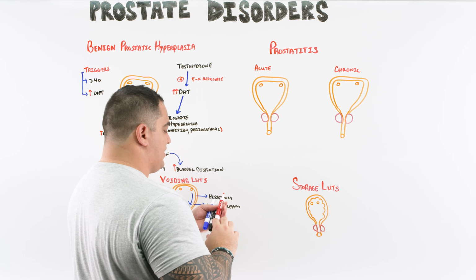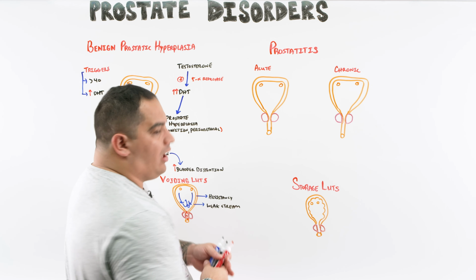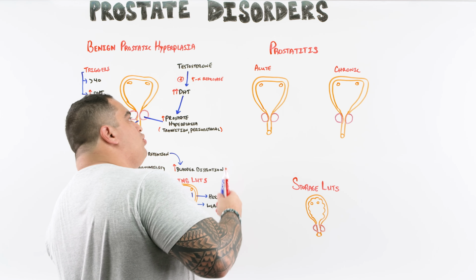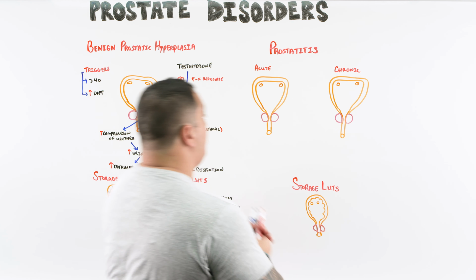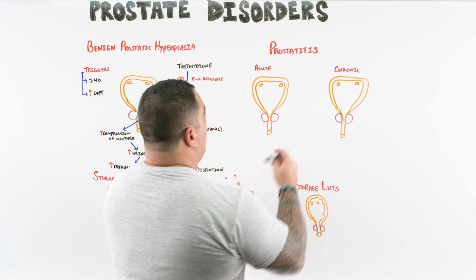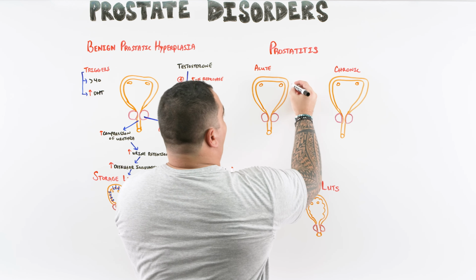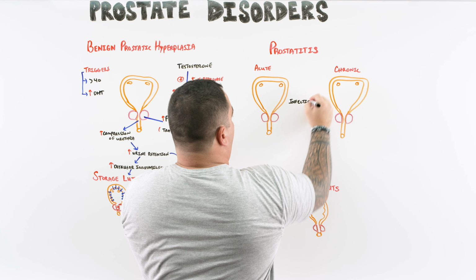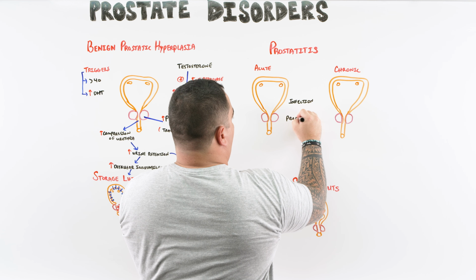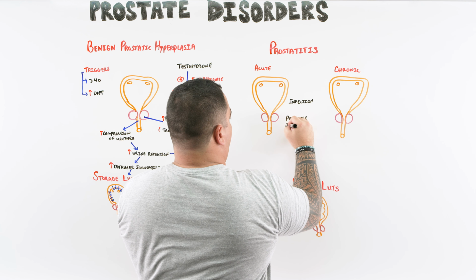Within these prostatitis disorders, there are different etiologies. For acute prostatitis, the most common etiology is going to be infection, bacterial infection specifically. So there's going to be some type of infection that triggers massive prostate inflammation.